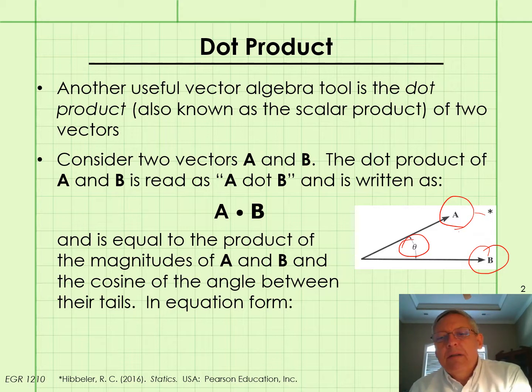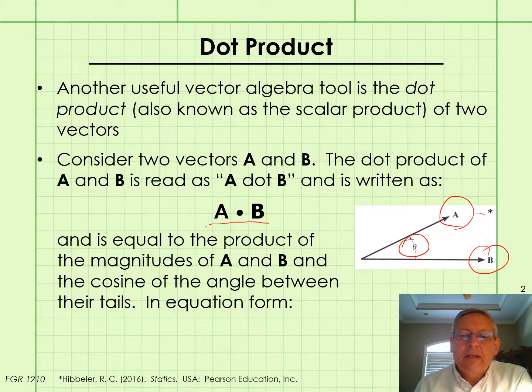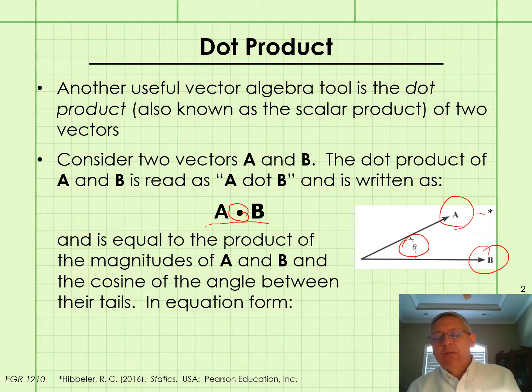We say that the dot product of A and B is read as A dot B, and we write it as A dot B, with this dot being read as dot, not to be interpreted as a multiplication sign. And A dot B is equal to the product of the magnitudes of A and B and the cosine of the angle between the two vectors.